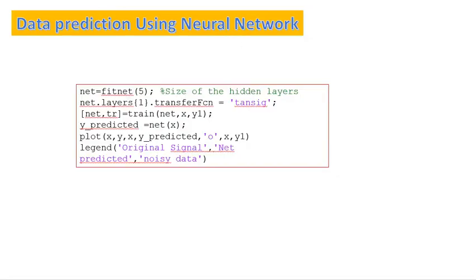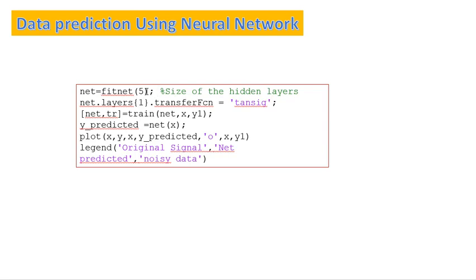Now we want to see how we can make data predictions using a neural network. With some lines of code we can use a neural network in MATLAB. First line, net equals fitnet(5). 5 is the number of hidden layers. We choose 5.